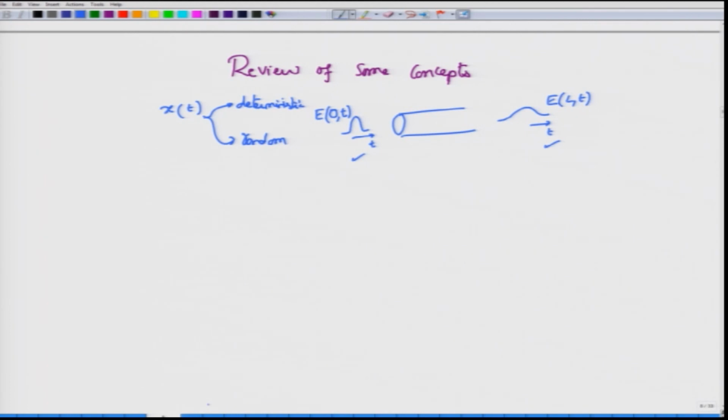If these deterministic signals pass through deterministic systems, that is, transformations that take x of t as input and transform it into some output which we will denote as y of t, and this rule of transformation or mapping is fixed, then you have a deterministic system. Once you have been given a deterministic signal x of t and the deterministic system transfer function or the impulse response of the system, it is easy to find out what will happen to y of t.